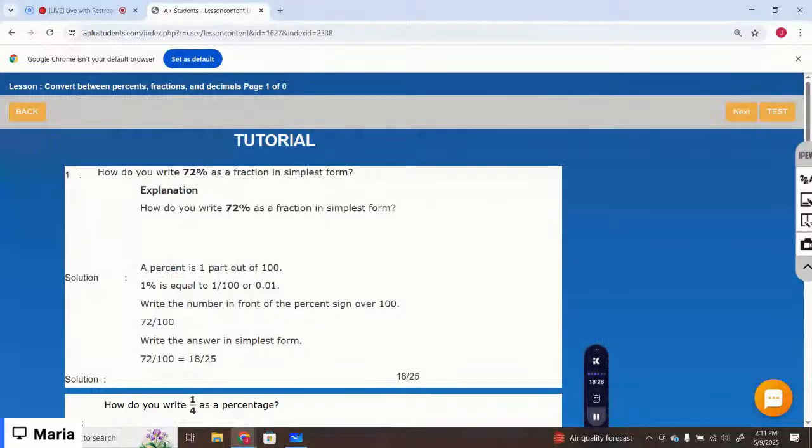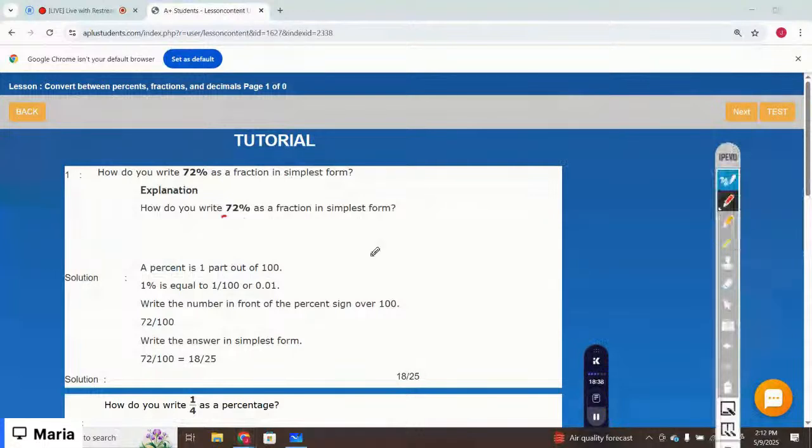How do you write 72% as a fraction in simplest form? 72% means 72 out of 100.